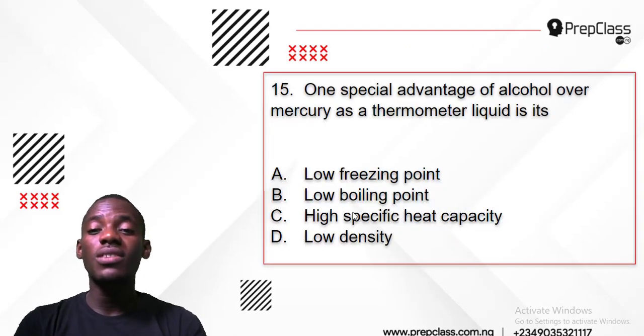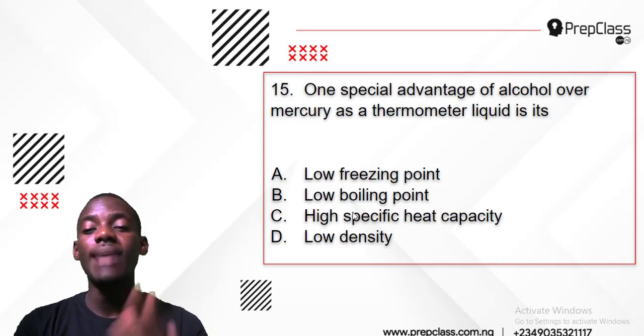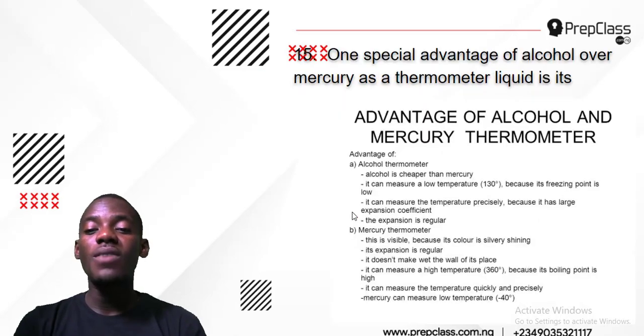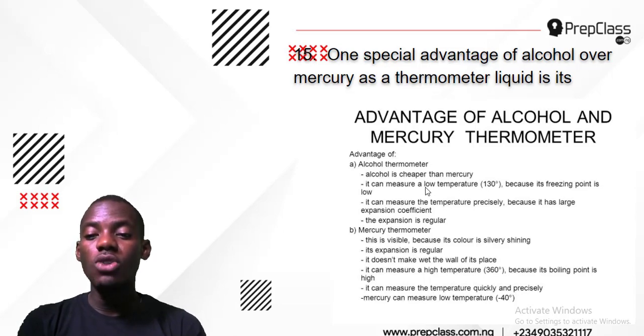Now number 15, the last one, says one special advantage of alcohol over mercury as a thermometric liquid is its what? One of the advantages of alcohol is that it is cheaper than mercury. Number 2, it can measure very low temperature because its freezing point is low.